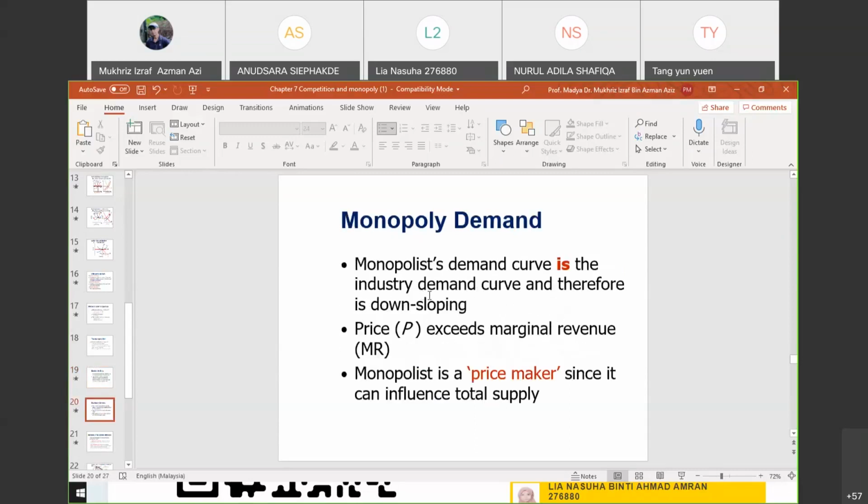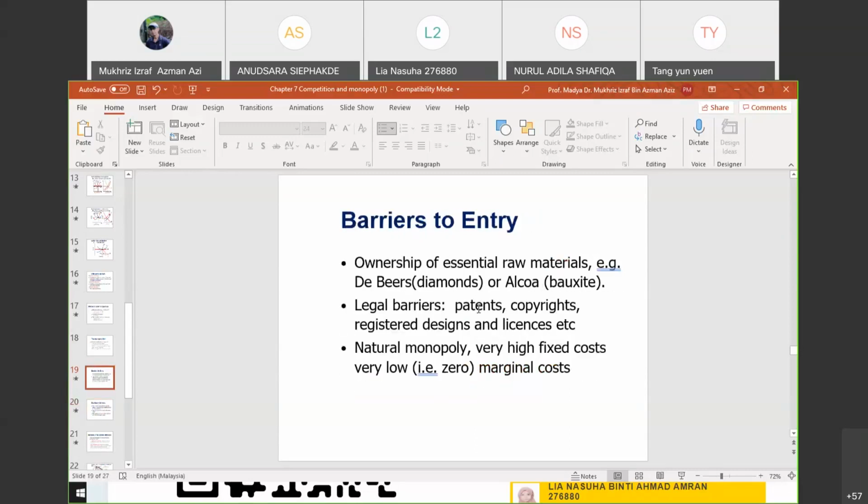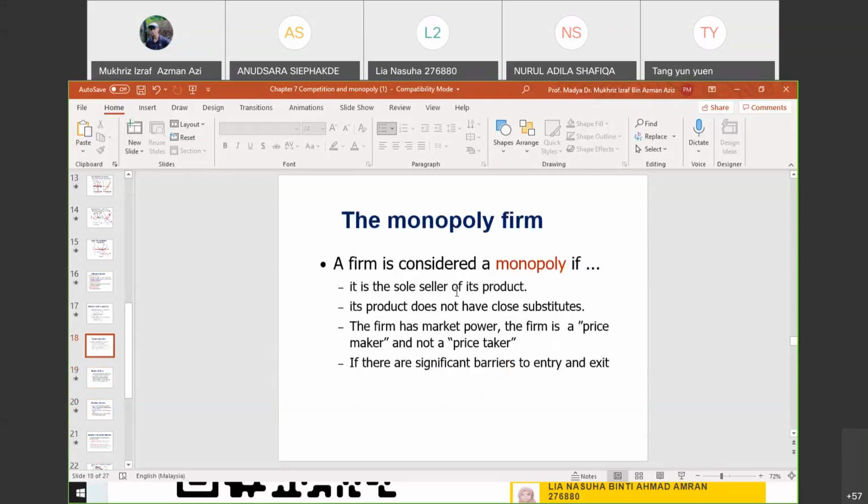So that is the main difference between perfect competition and monopoly. The firm is the price maker, not a price taker. Only one firm compared to many firms. And in perfect competition, there is no barrier to entry, meaning you can join the market today if you want, because the cost to do business is very low.